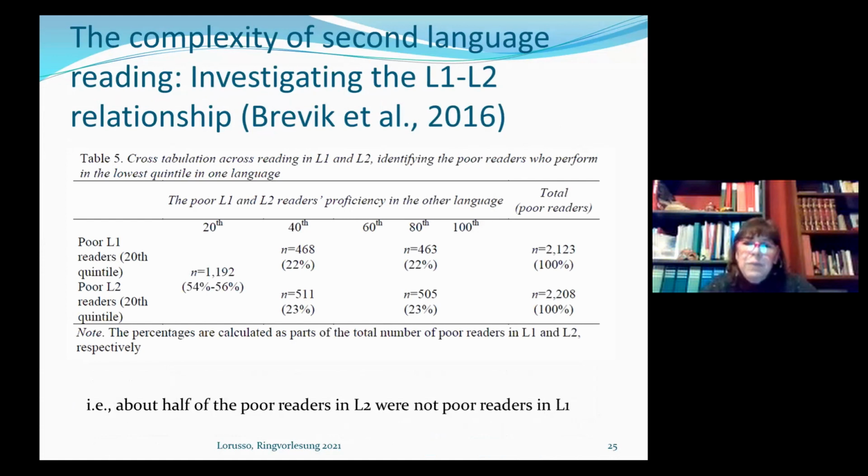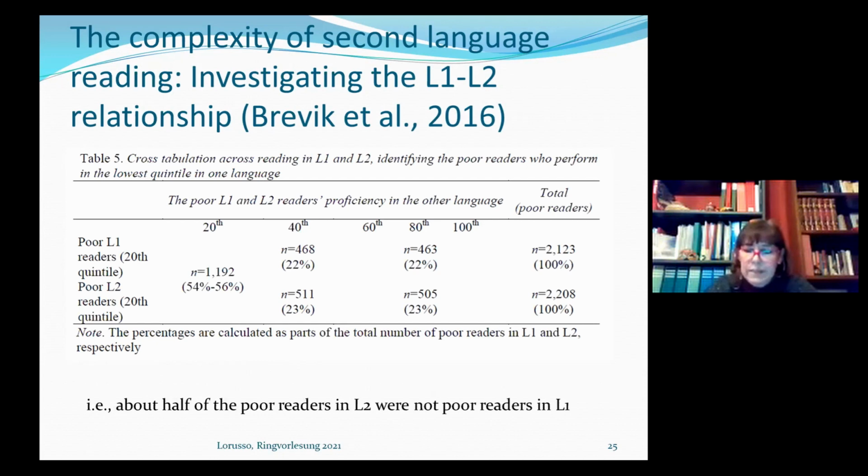A similar kind of result is brought by this study by Breivik et al., where they tried to see how proficiency in L2 reading was explained by and corresponded to proficiency in the L1.